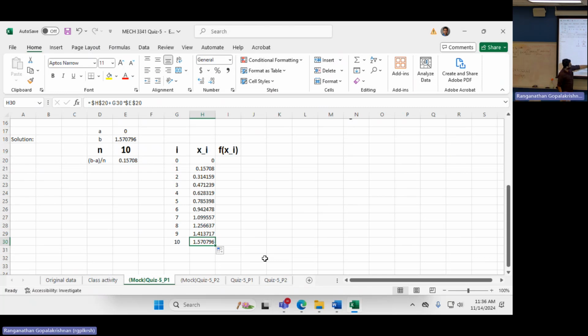As you can see, the last value should agree with b. If you do it right, the last value xn should be equal to b, because x naught is a and xn is b.